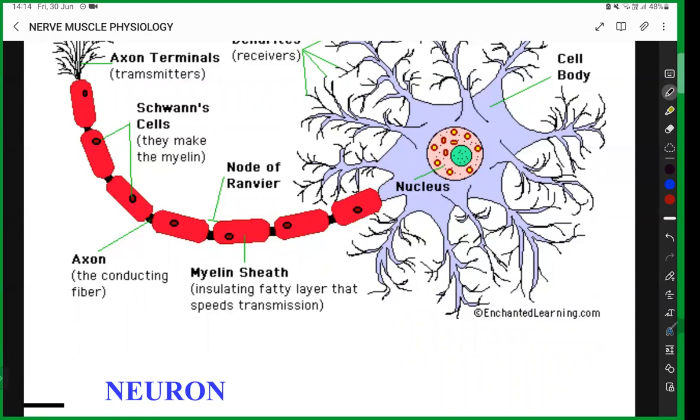Now the sentence makes sense, right? Above the myelin sheath, there are some protecting or surrounding structures that make the myelin. Something has to make the myelin.